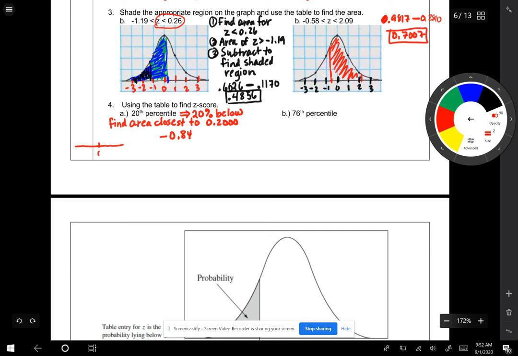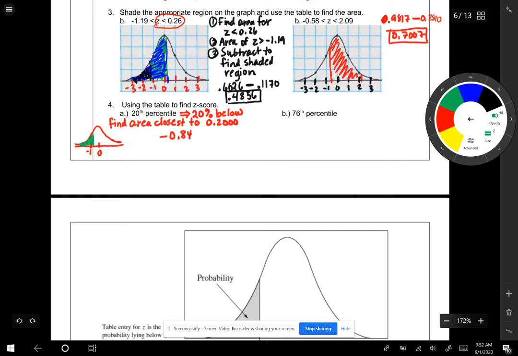So here's 0, here's your density curve. It's kind of a really poor density curve, but whatever. And then say this is negative 1. So negative 0.84 is going to be right here, and you're finding this area.